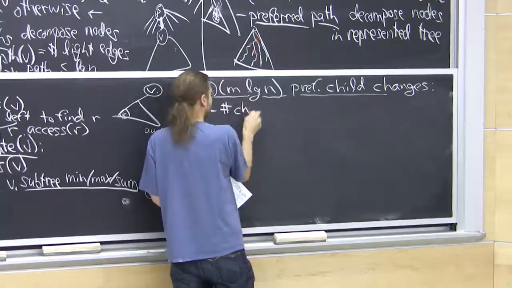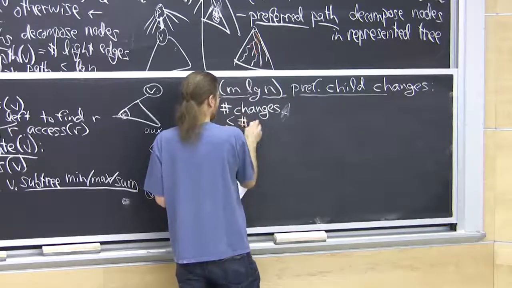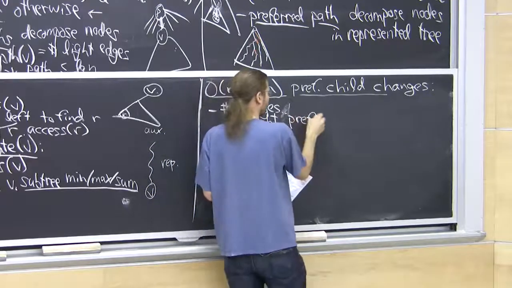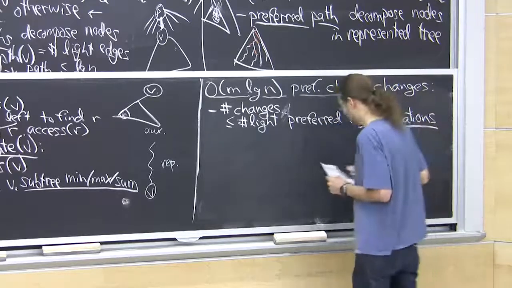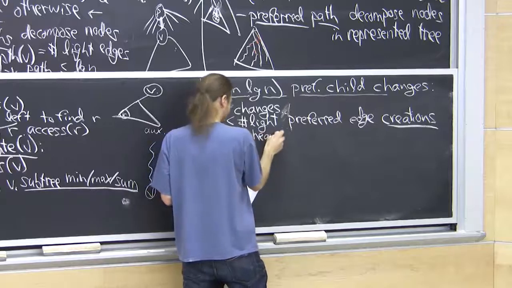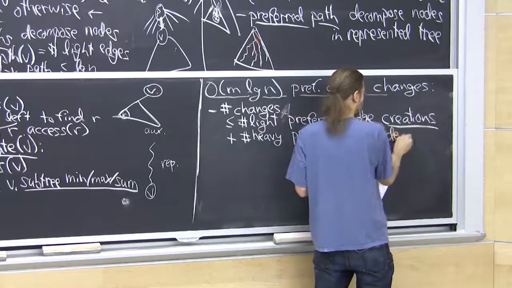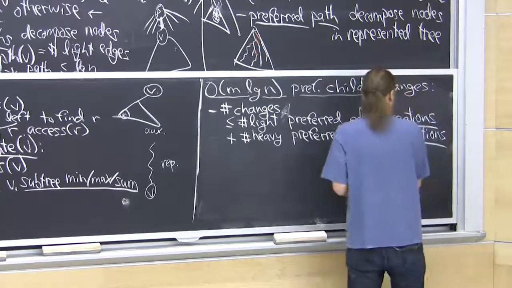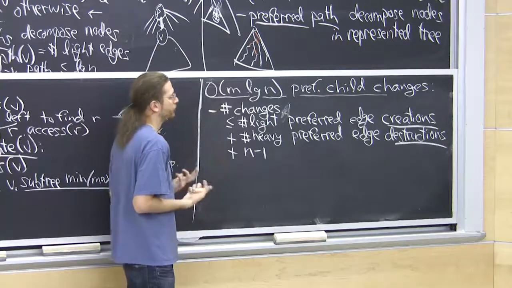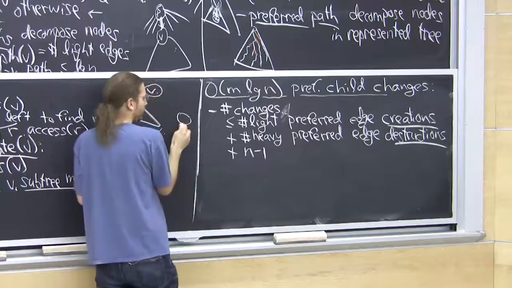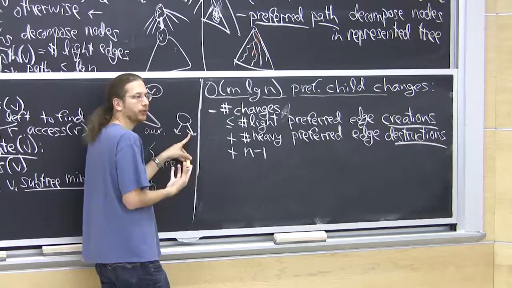So here's the big idea. When you change the preferred child of one node from this to this, I'm going to think of this edge as being destroyed from its preferredness, and this one is being created in its preferredness.